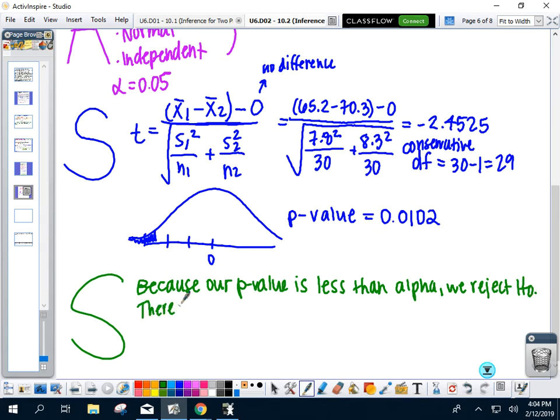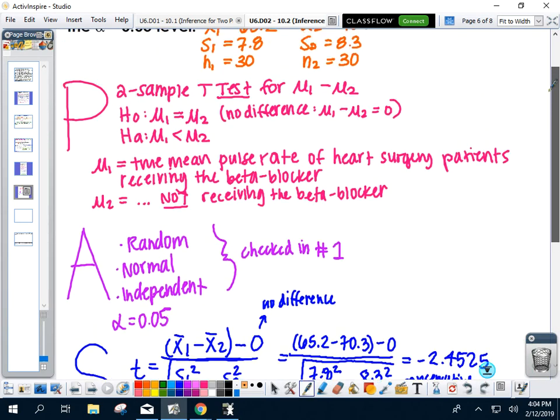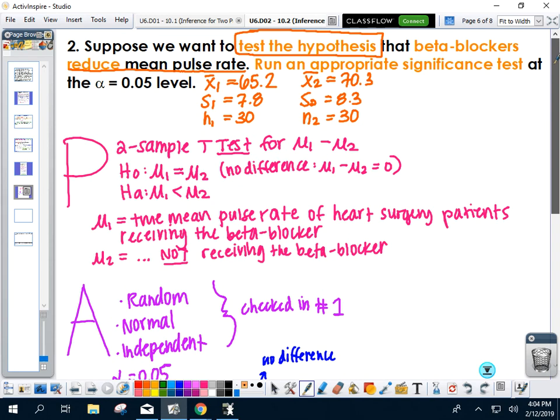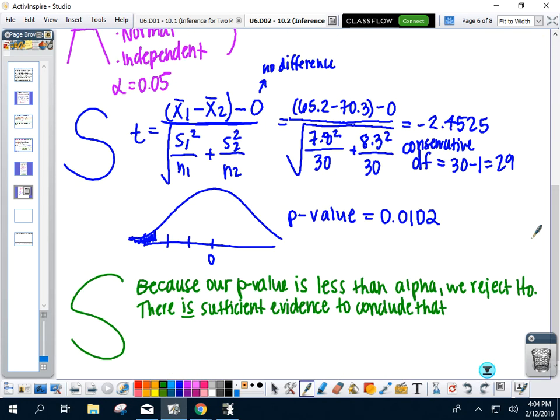Because we reject H0, there is sufficient evidence to conclude that, and I just like to copy the question because they word it the best, beta blockers reduce mean pulse rate.